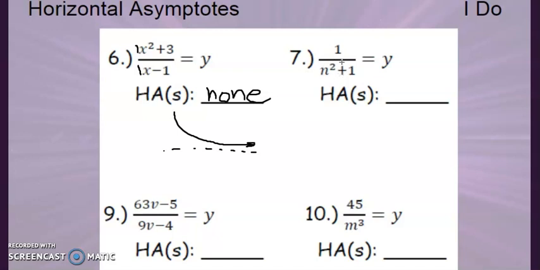When the degree in the denominator is larger than the numerator, you have a horizontal asymptote, specifically at y equals 0. Now the reason why is because we can really put 0 n to the second power over n to the second power. 0 over 1 equals 0.